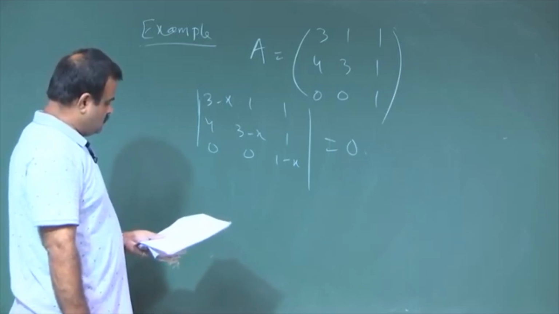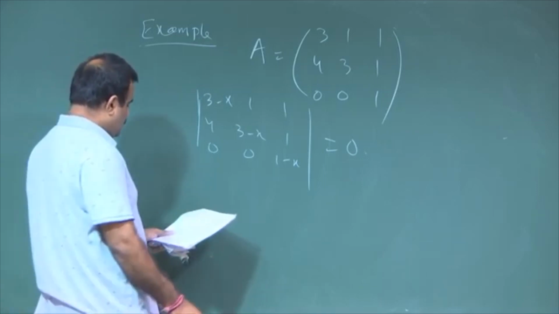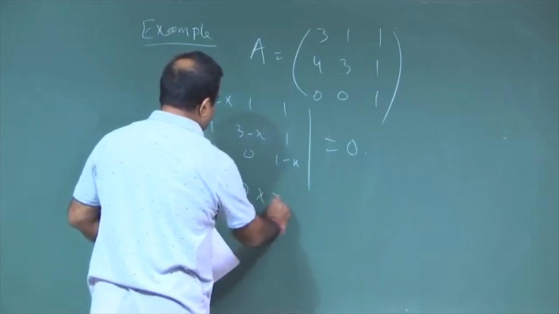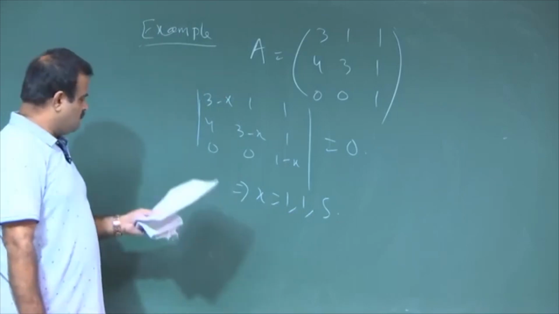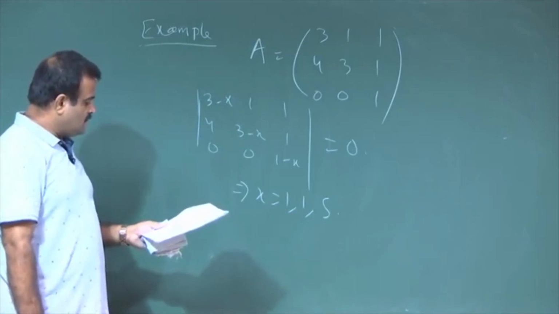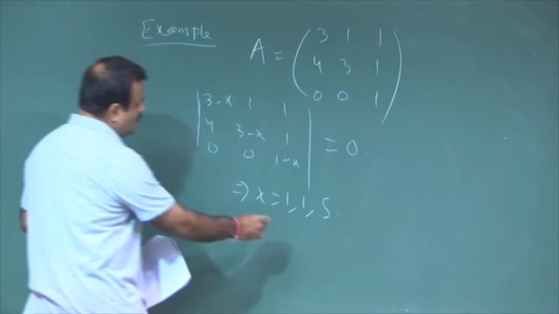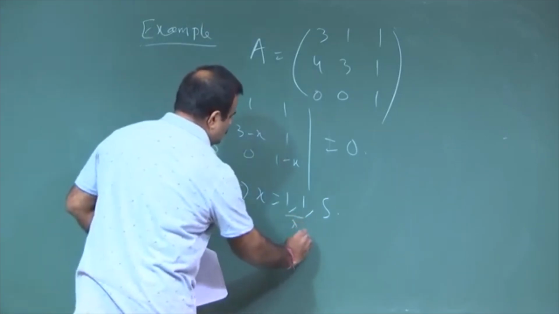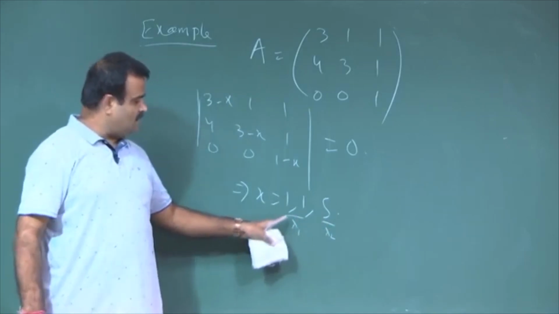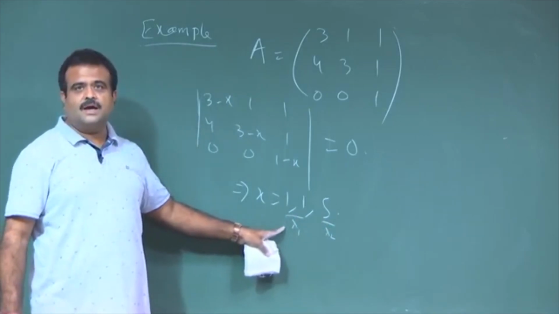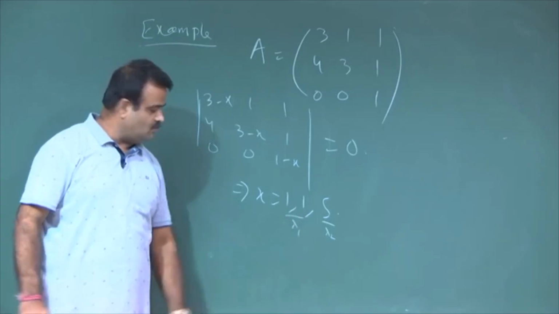If you solve this, it will be x is 1, 1, 5. So, the eigenvalues are the same as the earlier matrix. So, this is lambda 1, this is lambda 2. We have two distinct eigenvalues, lambda 1 and lambda 2. Lambda 1 is 1, whose algebraic multiplicity is 2, and lambda 2 is 5.